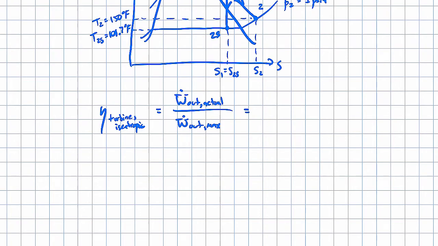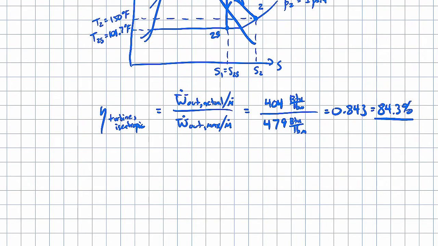In our particular case, the actual power out was 404 BTU per pound mass. Actually, what we did is we divided both of these by mass flow rate, and that's fine. The maximum was 479 BTUs per pound mass. When you calculate that efficiency, it's 0.843 or 84.3%.